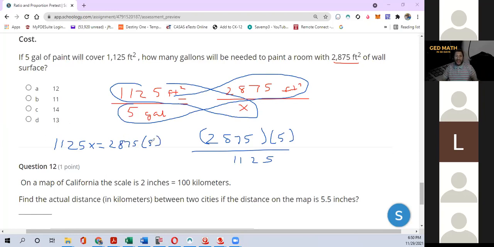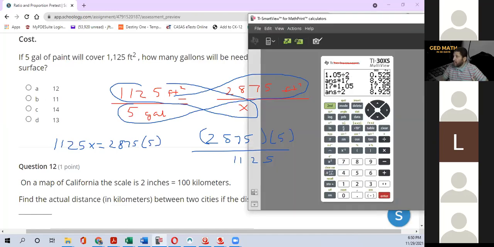Either way, you're going to get the same answer. So if you understand how to set it up on your calculator, you realize that the two numbers I'm multiplying first, that don't contain a variable, are 2875 times 5, divided by my coefficient, the other term along with my variable, divided by 1125.